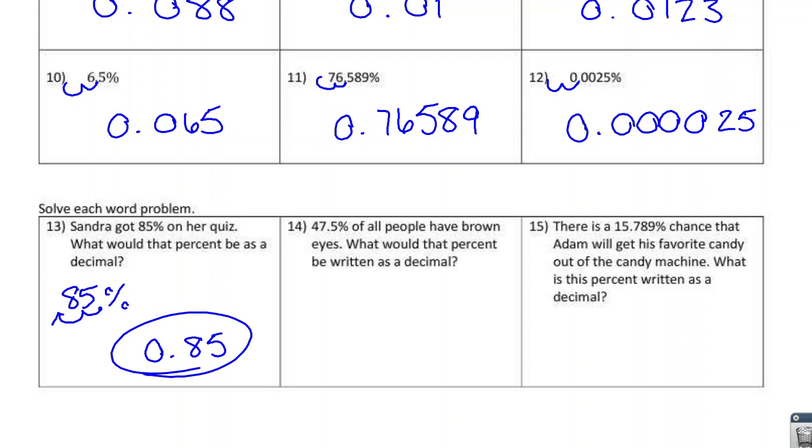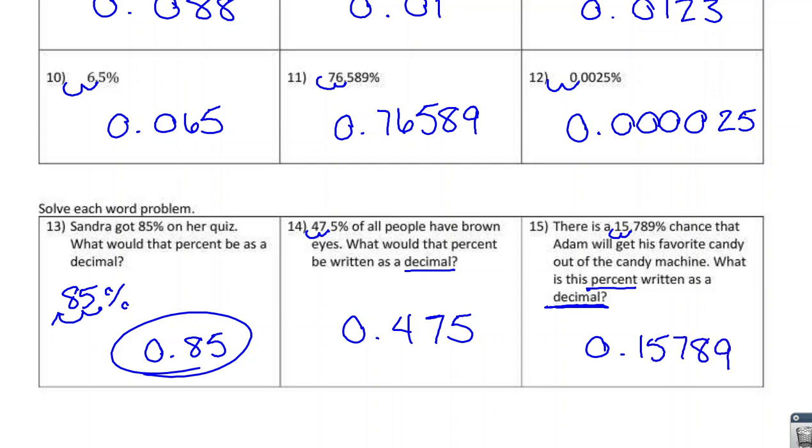So same thing with 14. It wants it as a decimal, so move it 2 over, 0.475. And then the same thing with 15. It wants the percent written as a decimal. Move it 2, 0.15789. So that was the simpler of the 2 skills that we're going to do today.